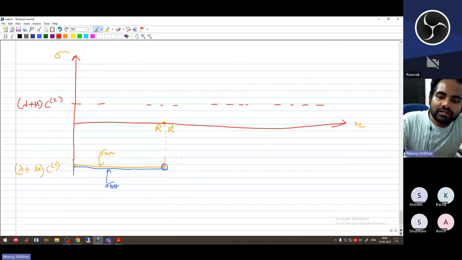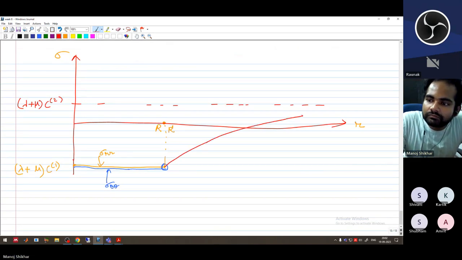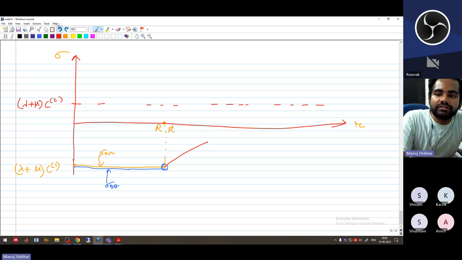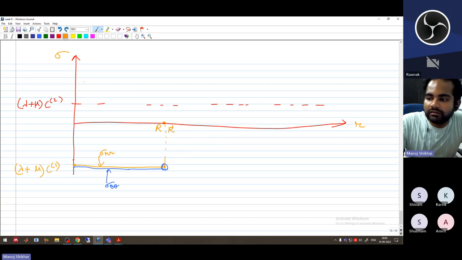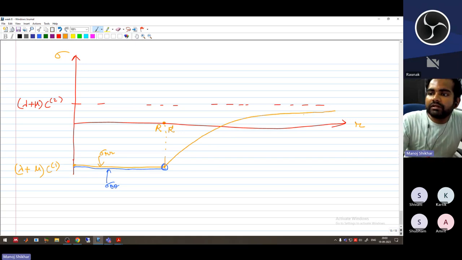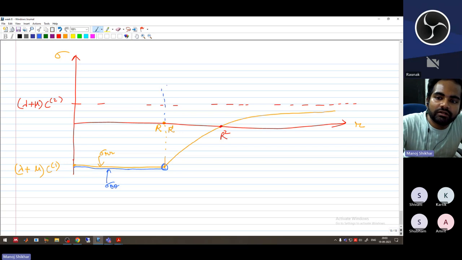So sigma RR is actually continuous here. It will be a continuous curve, asymptotic to this line, drawn in another color, meeting at infinity, and this point is R2. But when you plot sigma theta theta, you will find that it is not continuous.